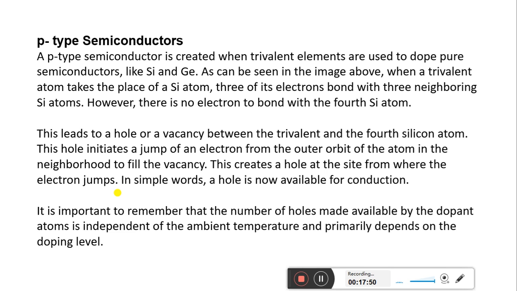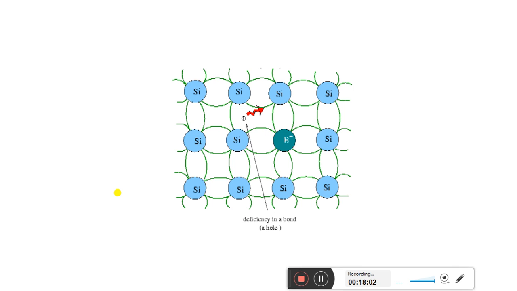If you increase the doping level, these hole carriers will increase in the p-type semiconductor. So this is how we have defined the p-type semiconductor, and this is the structure of a p-type semiconductor, where once an electron jumps from here to fill the vacancy, one hole is created here because of the electron jumping.